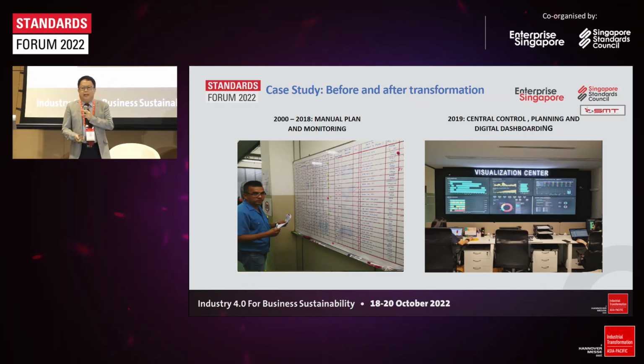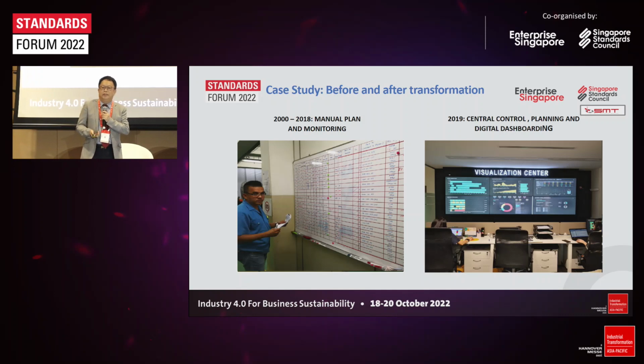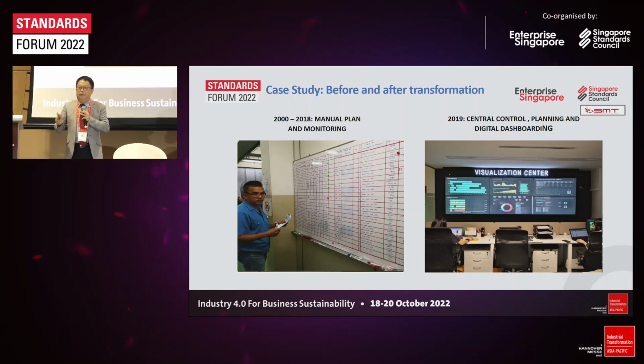So these are the case studies of a transformation. It also helps in sustainability. For example, in the past, you used a lot of paper planning and a lot of human communication, face to face or whatever. But once you go into digitalization, you have less human traffic moving from division to division, and you use less paper because you do direct communication. This helps a lot in energy saving and maintaining the environment, especially in precision engineering.